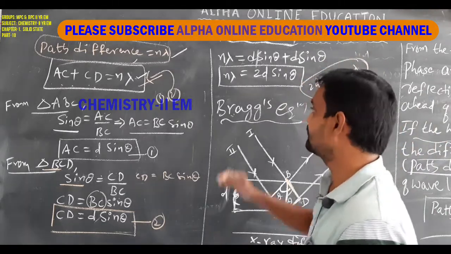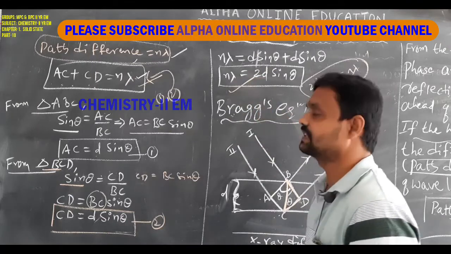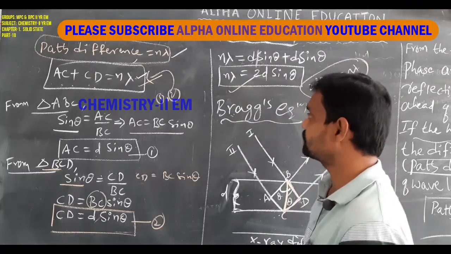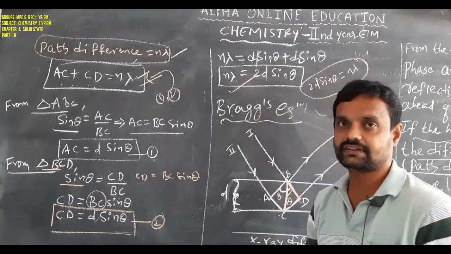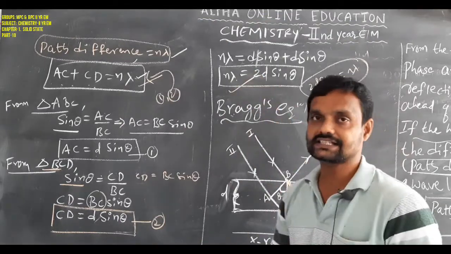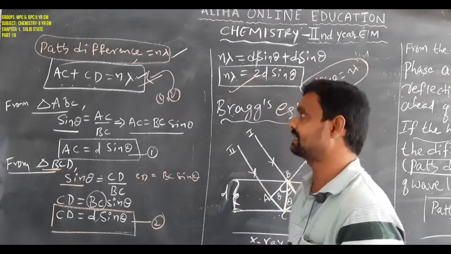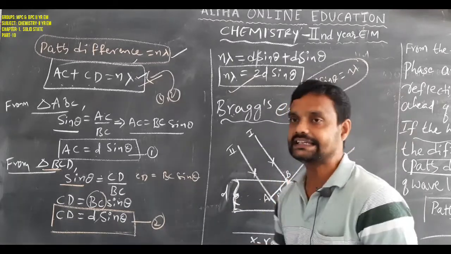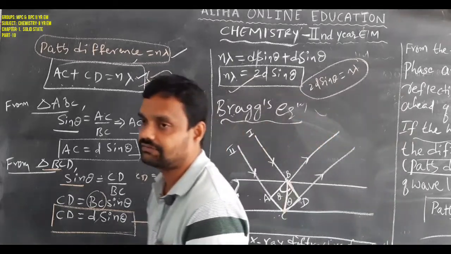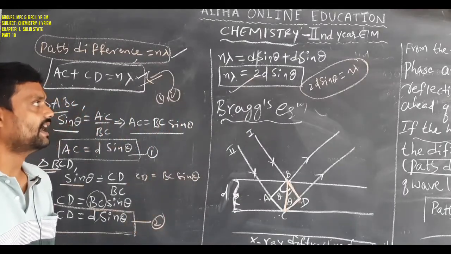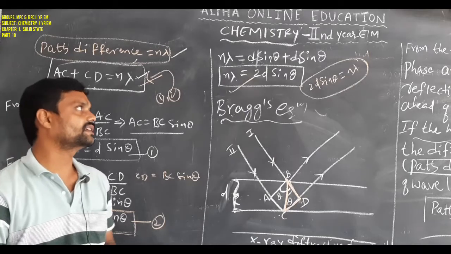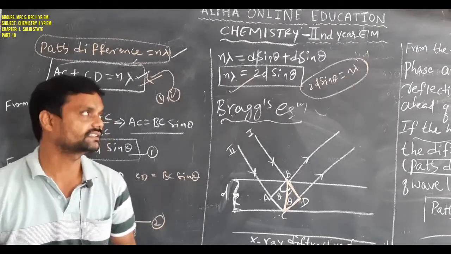So this is called Bragg's equation: n lambda equals 2d sin theta, where lambda is the wavelength, d is the distance between the two layers in a crystal, and n is an integer taken as 1, 2, 3, 4. That is how Bragg's equation is derived.